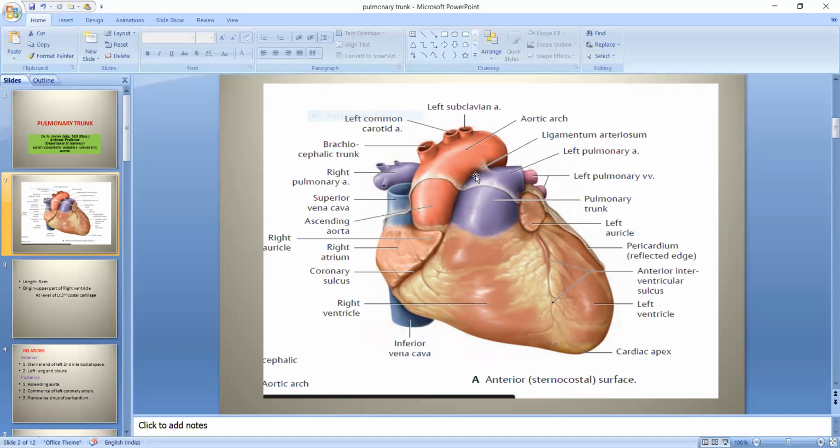When it reaches beneath the arch of the aorta, it divides into two parts, giving rise to two arteries: the right pulmonary artery and the left pulmonary artery. Normally, everybody knows that arteries carry oxygenated blood, but these pulmonary arteries carry deoxygenated blood towards the lung.